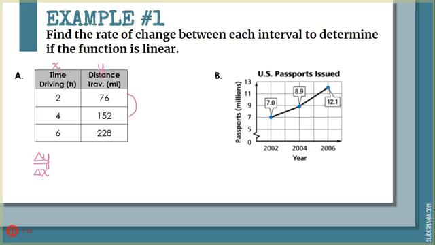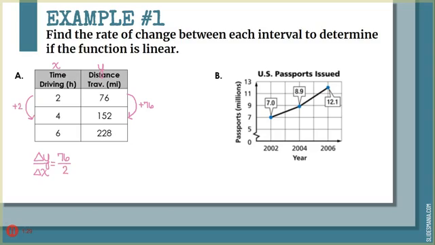Remember, change in means what's happening between 76 to 152. In this case, I'm adding 76. So my change in y is a positive 76. And my change in x, to get from 2 to 4, I have added 2. So my change in x would be 2.